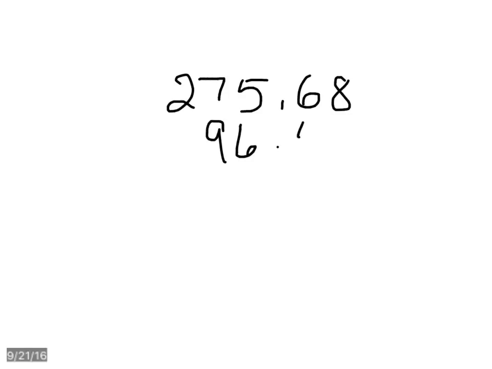But home repairs. Do we have any in the month of July? No. How about August? How much? 275 and 68 cents. How about for September? Was there any? 96.45. Anything else?